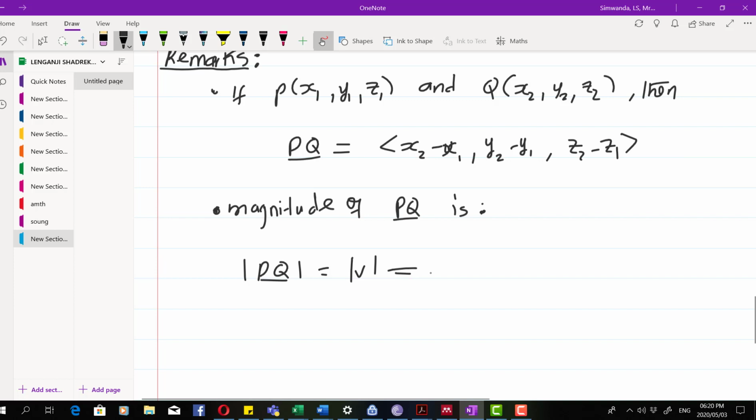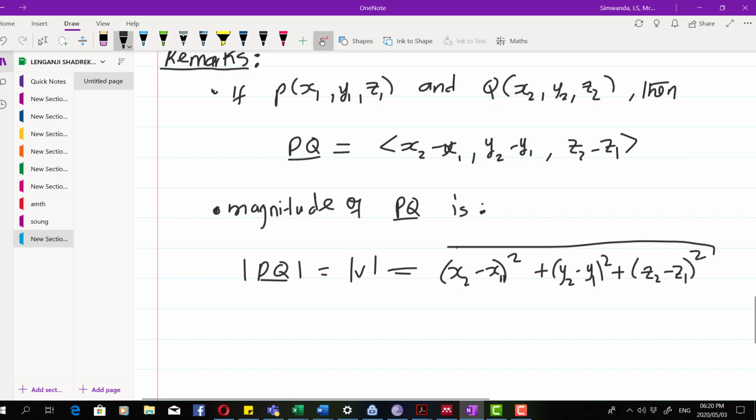So the magnitude of v, underlined there, is equal to the square root of x2 minus x1 squared plus y2 minus y1 squared plus z2 minus z1 squared. Okay, so that's how we get the magnitude of that. So generally that's what we have.